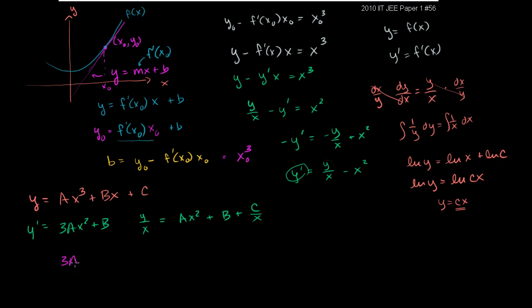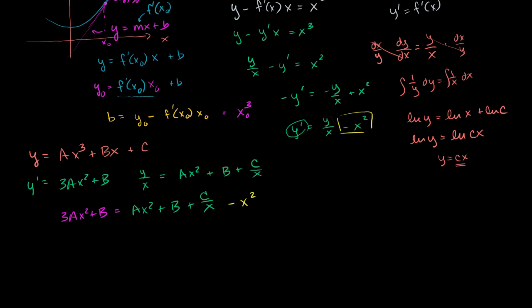So we have 3ax squared plus b is equal to y over x, so it's equal to this thing over here, ax squared plus b plus c over x, minus this x squared. So minus x squared. So what does this simplify to?